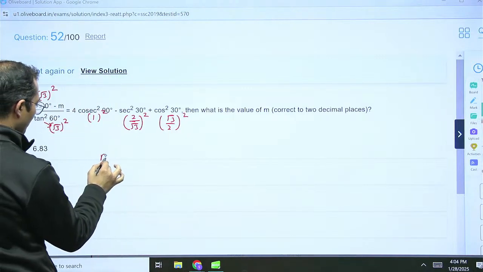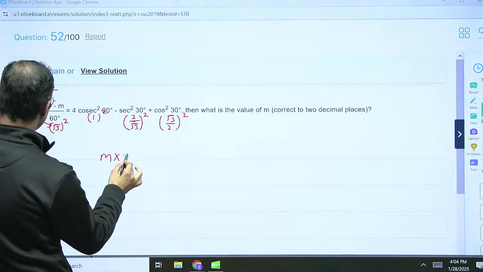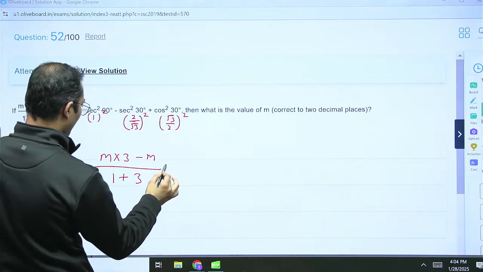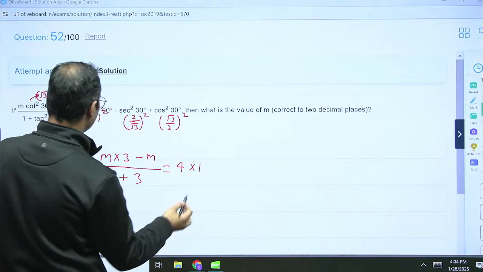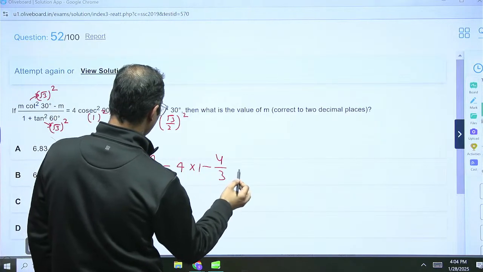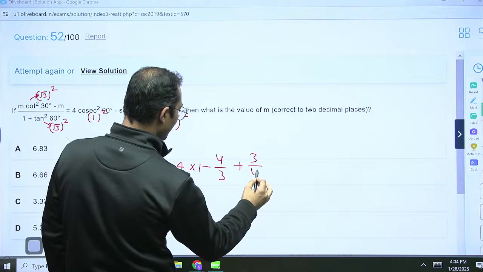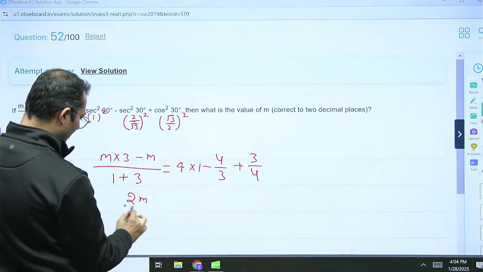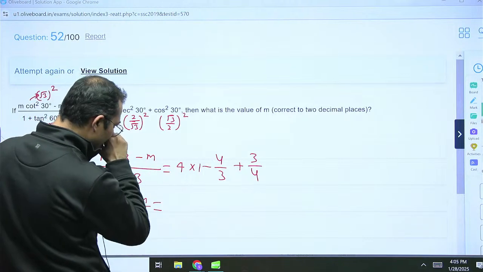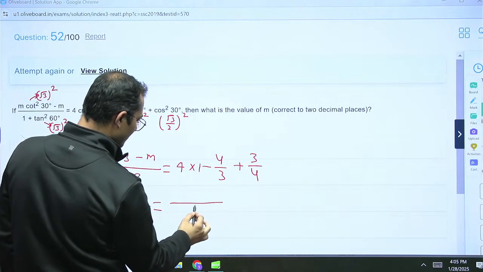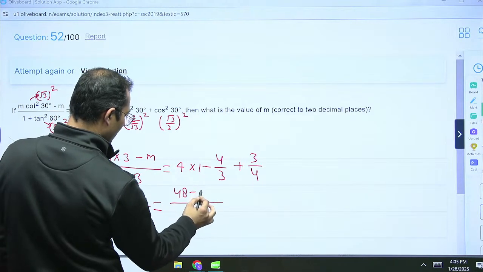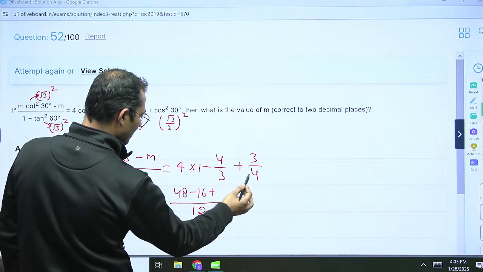So I will get m into root 3 squared, 3 minus m divided by 1 plus 3, is equal to 4 into 1 minus 4 upon 3 plus 3 divided by 4. Just solve it. Here I will get 2m divided by 4 is equal to, taking the LCM, which is 12, 12 4s are 48 minus 3 4s are 12, so 16, then plus 9.